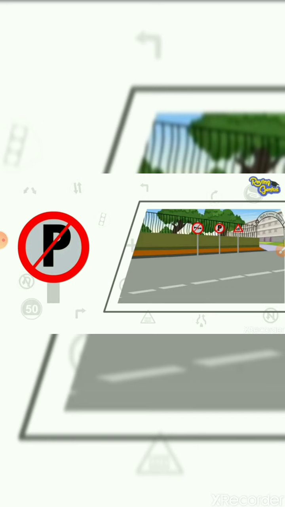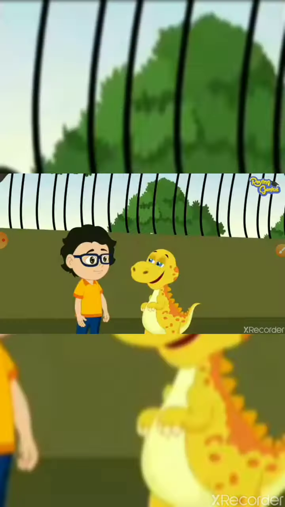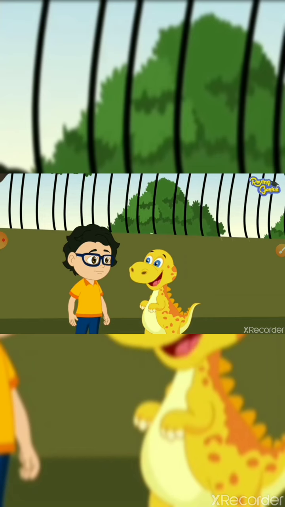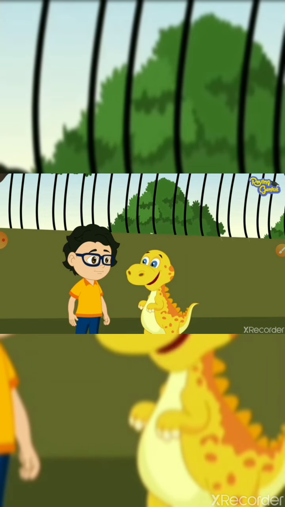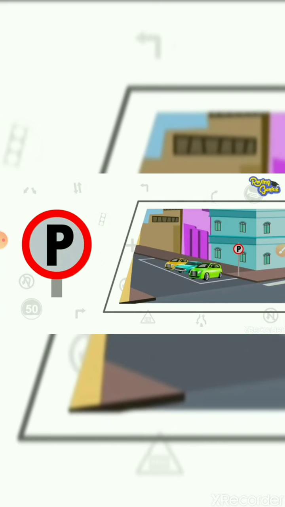Also, capital P sign with a strike indicates that you should not park your vehicle near the school. While the school sign indicates that the driver should watch carefully and drive slowly as there is a school nearby. Oh, now I get it. Why there are no vehicles parked besides my school? Vehicles are parked only where there is a capital P signboard. You should park properly at the given space, or else traffic police will impose a fine.